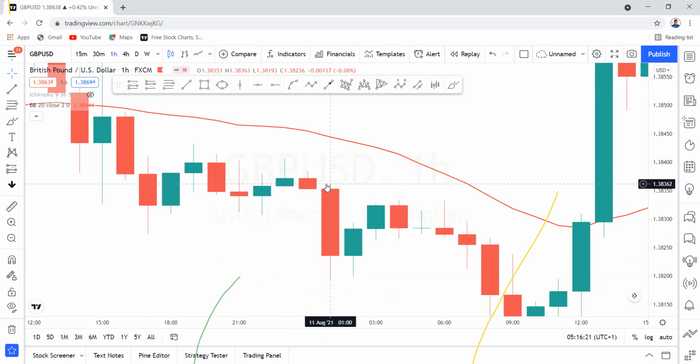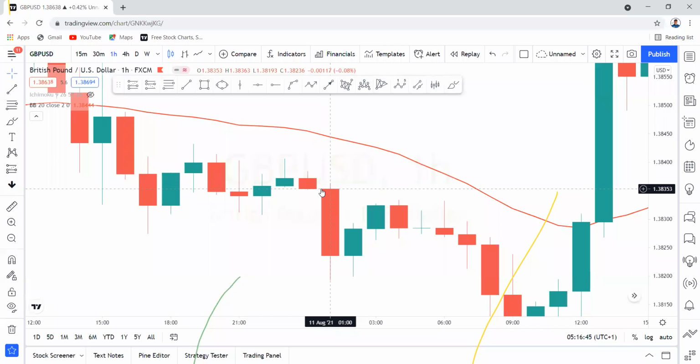This right here remains the high of the candle, the highest price, and this right here remains the low of the candle. But right now, the close price is below the open price, not above the open price.